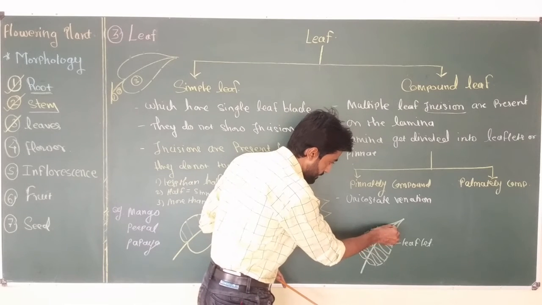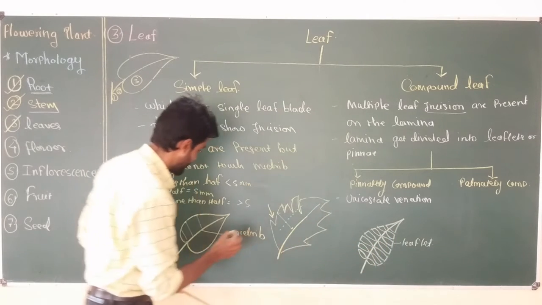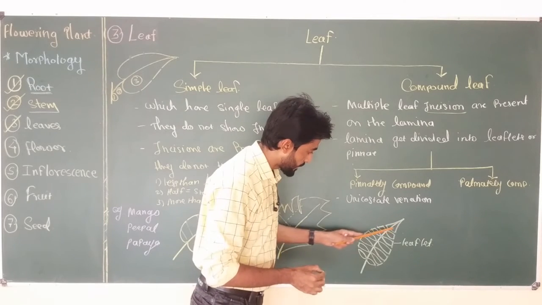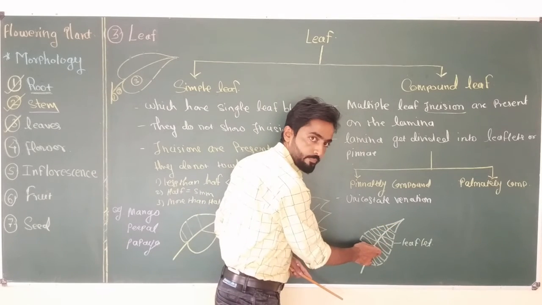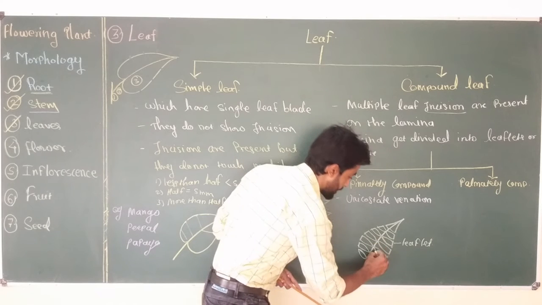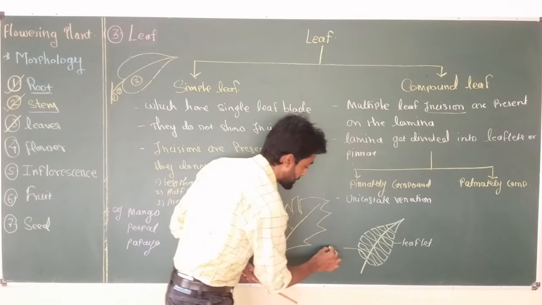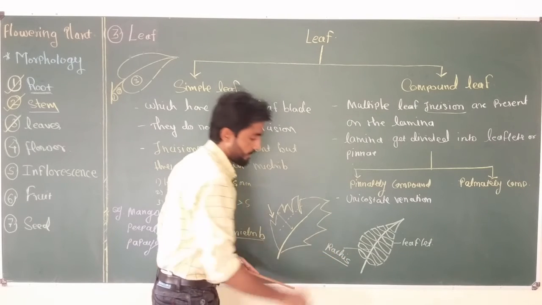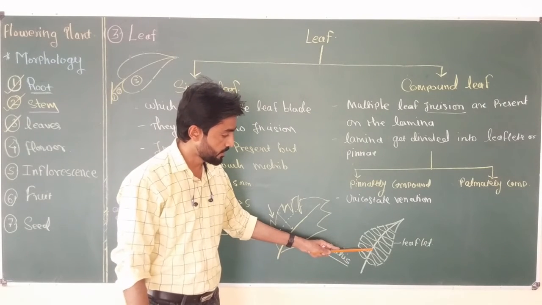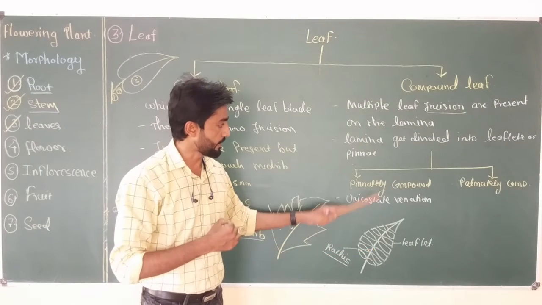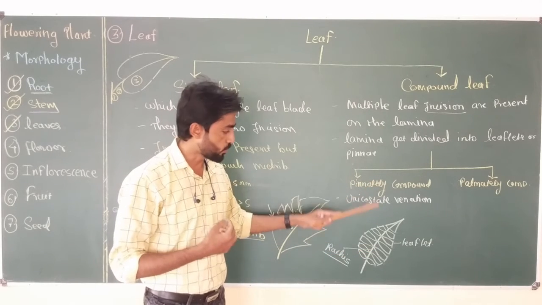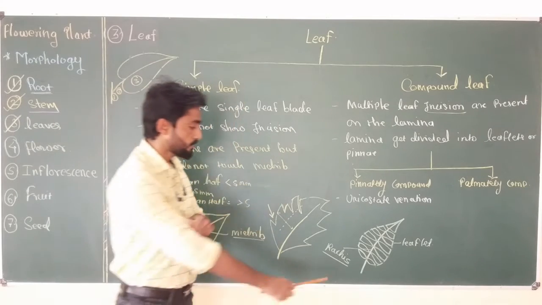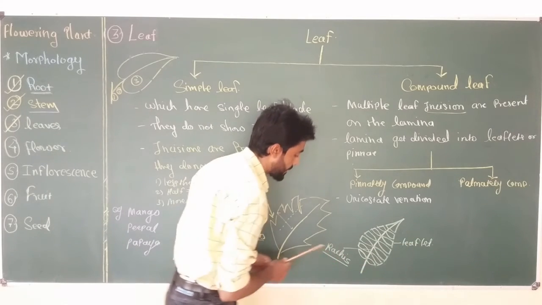Now this central line, which is the midrib in case of a simple leaf, is now not actually in the center of this pinnae or leaflet. So this central line is now called the rachis. So rachis is nothing but the common axis in the pinnately compound leaf to which leaflets or pinnae get attached. And this rachis is nothing but the midrib.